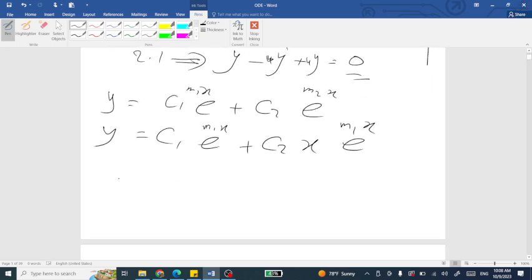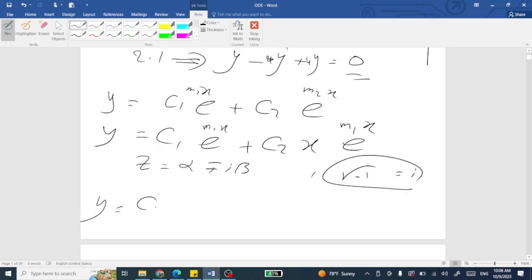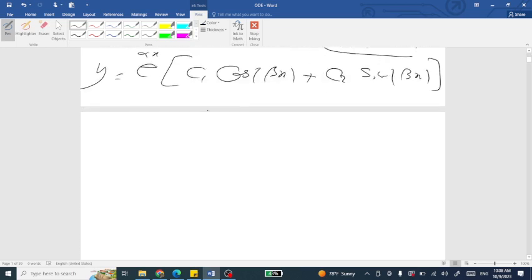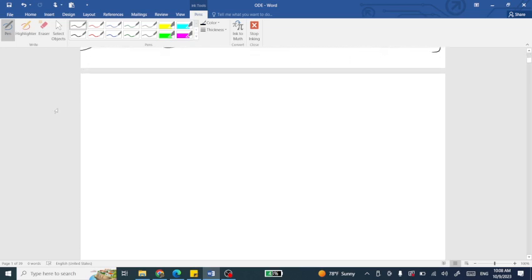For example, if z equal to alpha plus or minus i beta, we know i comes from the square root of minus 1, right? So y equal to e to the power alpha x, times C1 cosine beta x plus C2 sine beta x. Do you remember that? It was in 2.1.